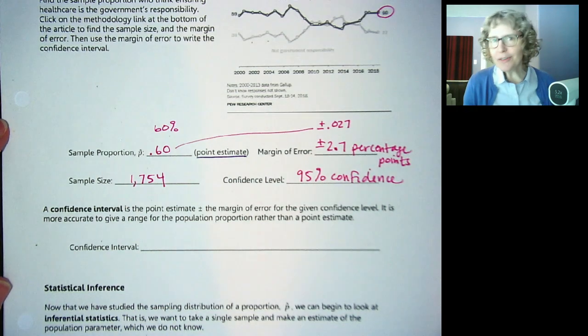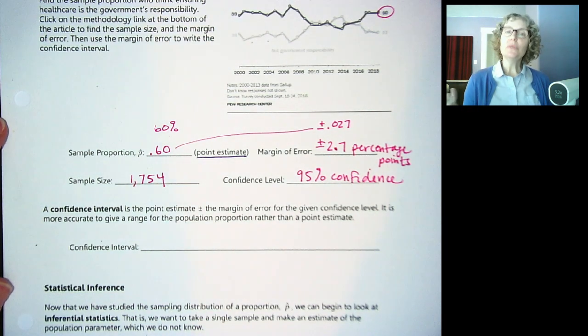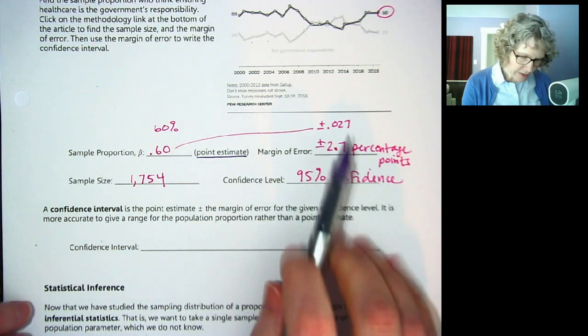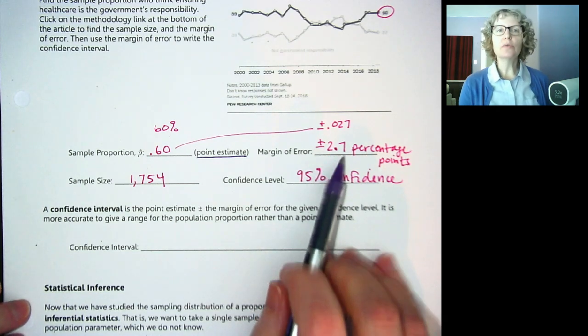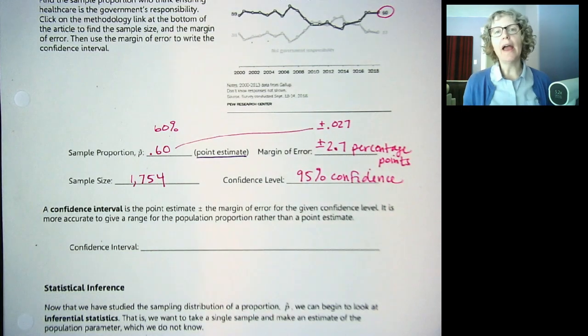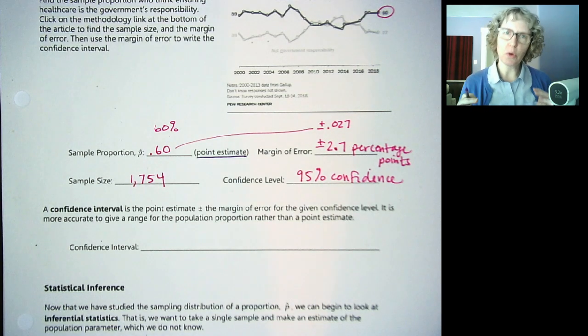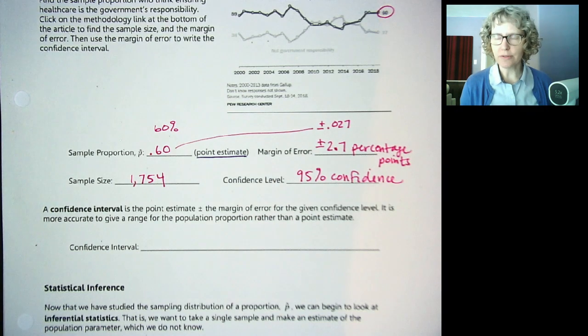We know it's around 60%, and we know our margin of error is 2.7%. So what we're going to do is subtract that and then add it, and that gives us an interval to say that the true proportion of the population is somewhere between these two numbers.